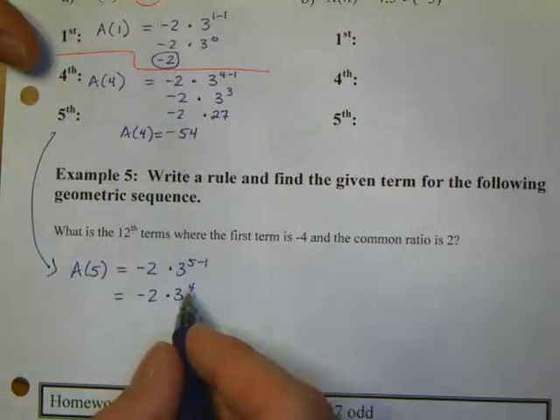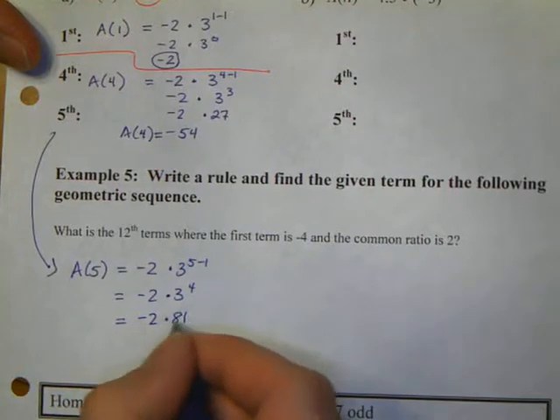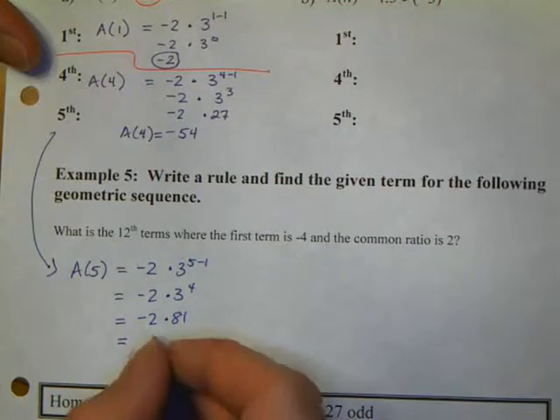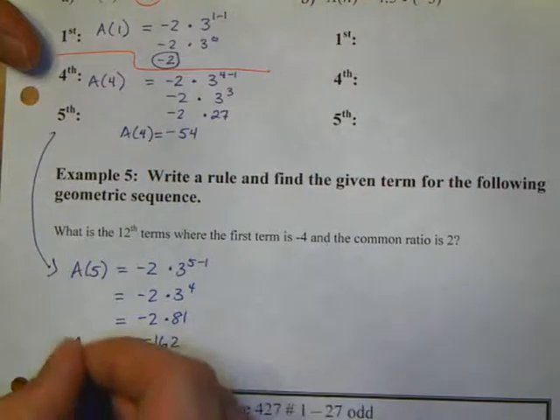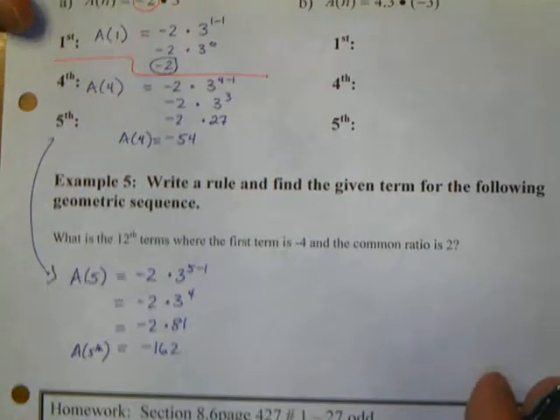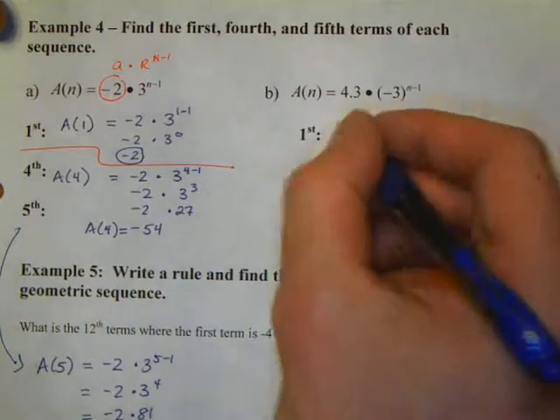We're going to skip down here to the bottom, and we're going to take a look at our fifth term since we've run out of space. For our fifth term, we're going to put in negative 2 times 3 to the 5 minus 1. So that's negative 2 times 3 to the 4th. Let me teach you a little trick for taking things to the power of 4. You can square a square.